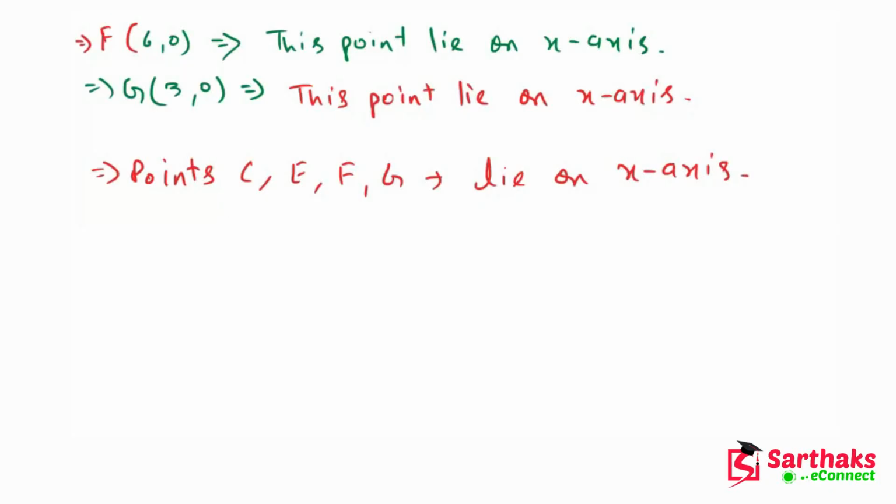I hope, my dear friends, you understand these things. The main concept is that on the x-axis, the y coordinate or ordinate is always 0, either for points on the negative x-axis or points on the positive x-axis.